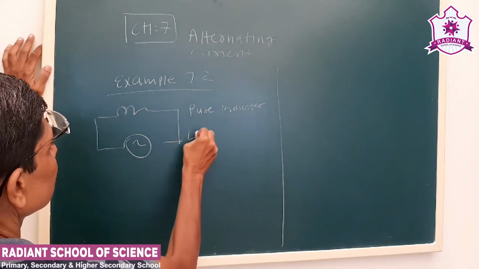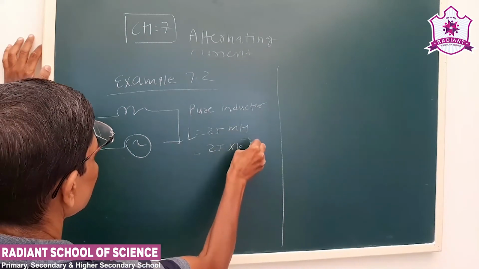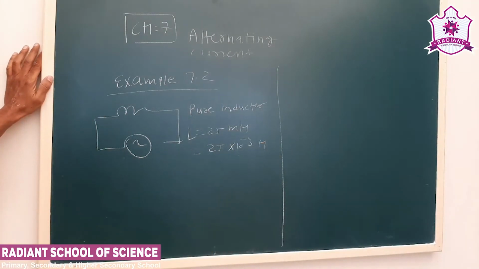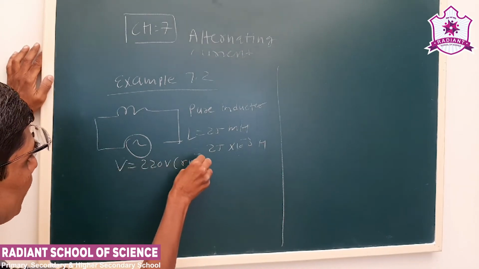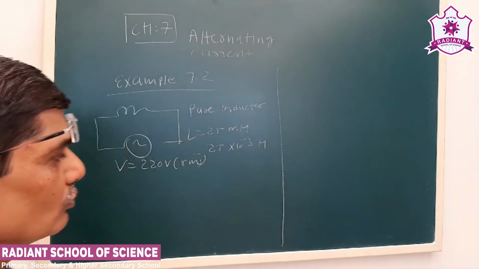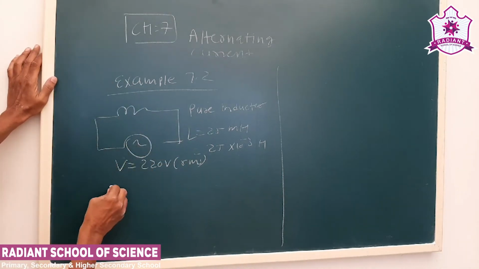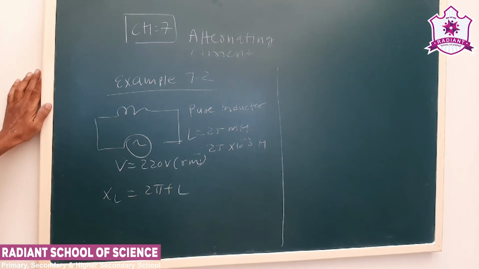L is 25 millihenry. Now V is equal to 220 volt RMS. Unless mentioned, we always assume that it is an RMS voltage. Now here XL is 2πfL, and the frequency is given as 50 Hertz.